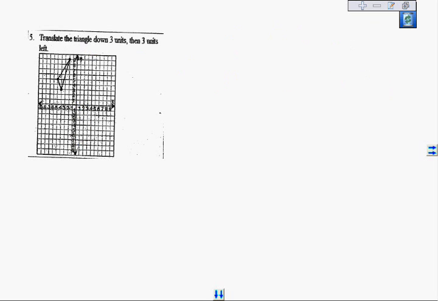5. Translate the triangle down, that's on the y, minus 3 units, and left 3 units, that's the x, left is minus 3. I'm going to write my coordinates down.